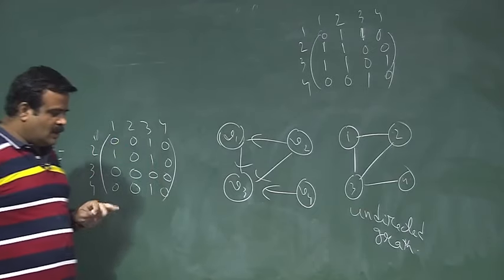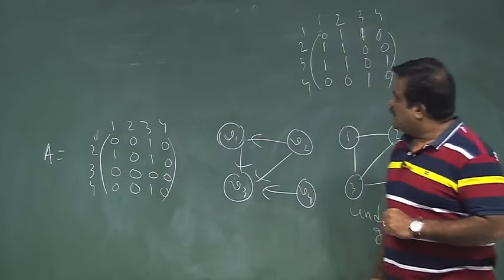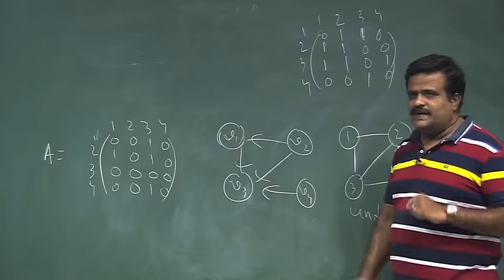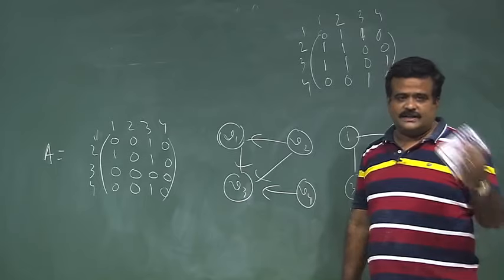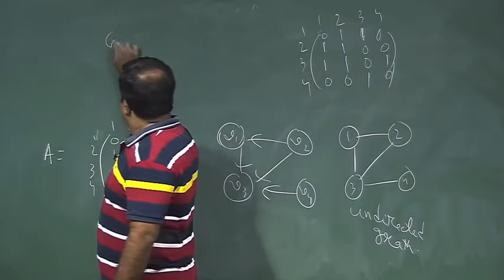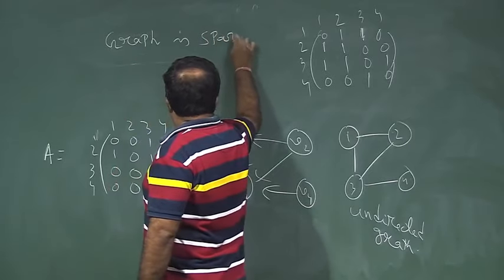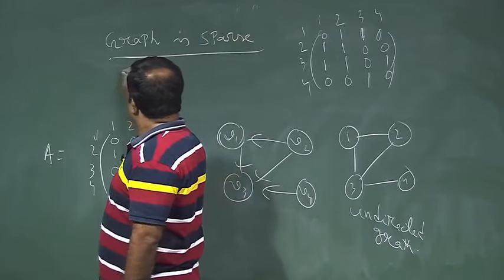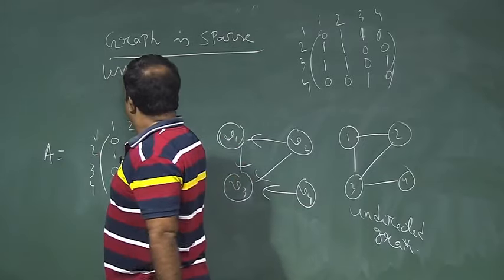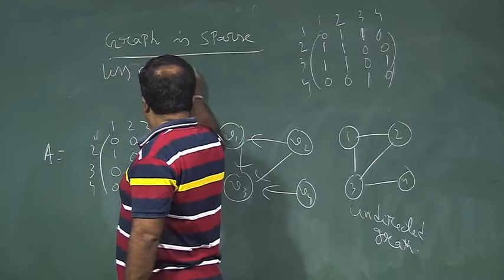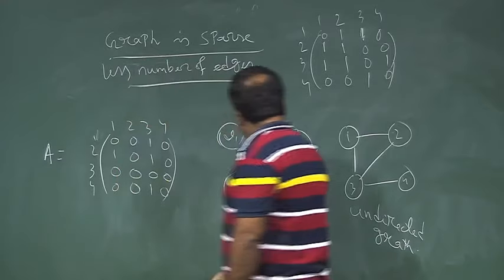Now, suppose our graph is a sparse graph, that means there is a smaller number of edges. Okay. Then what will happen?